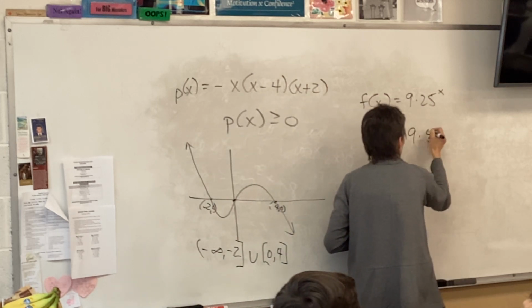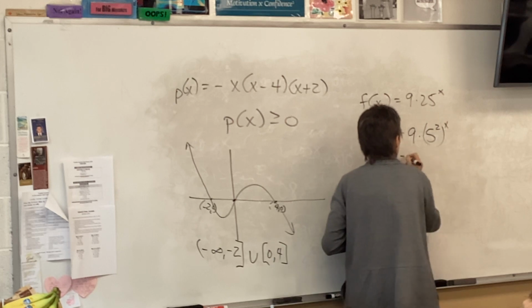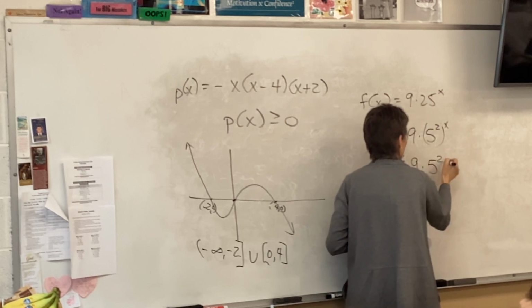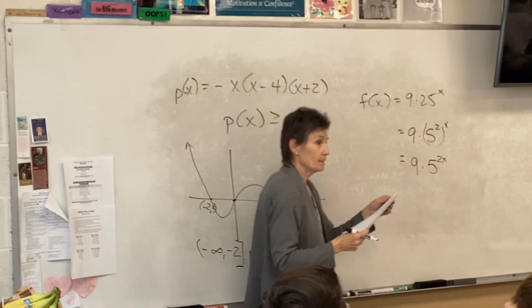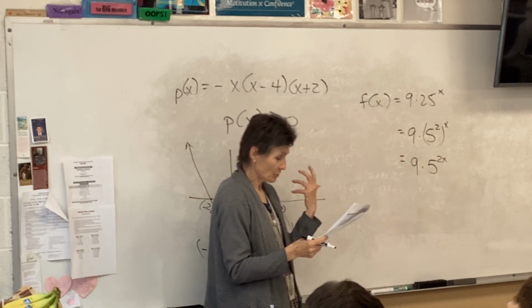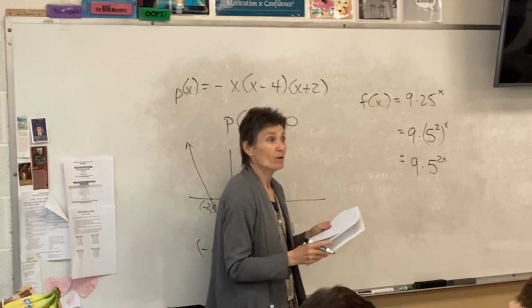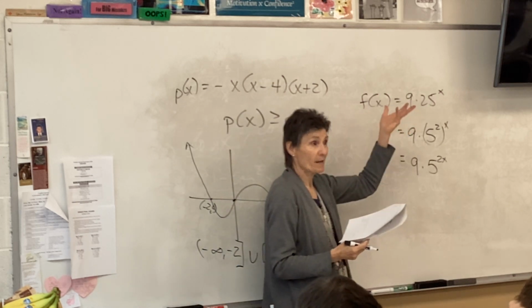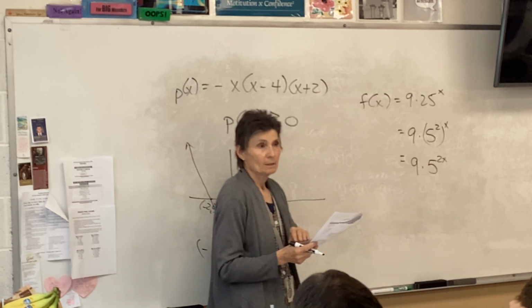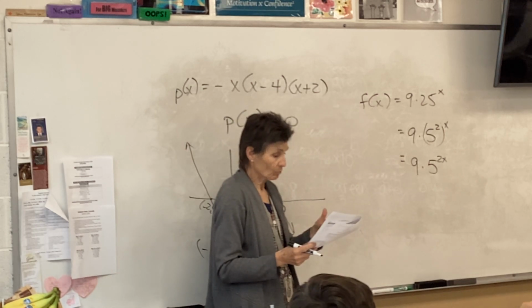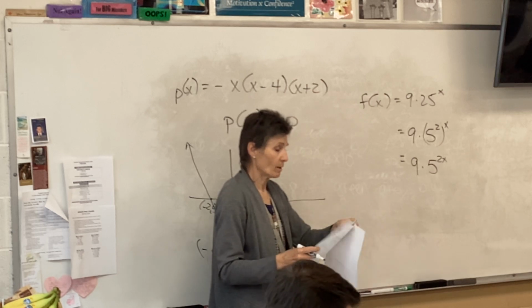It's 5 squared. So one option would be 9 times 5 to the 2x. Is that option there by any chance? It sure is, so that's it. Now, we could also have rewritten the 9 as 3 squared. I didn't see a 3 squared on there, so that's why I didn't go that way.